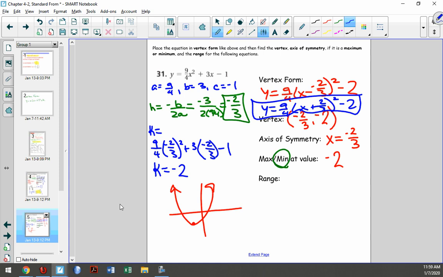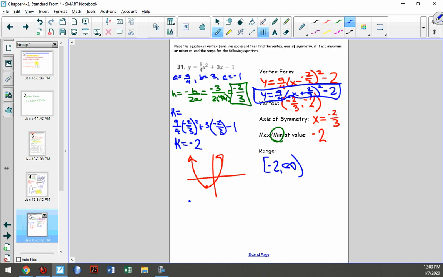Now, how do I read my range? Very good. It starts at negative 2, which is why we have to include it with a bracket, and it goes all the way to infinity with a parenthesis. Now, how do I write that with set notation? Y is an element of the real such that.